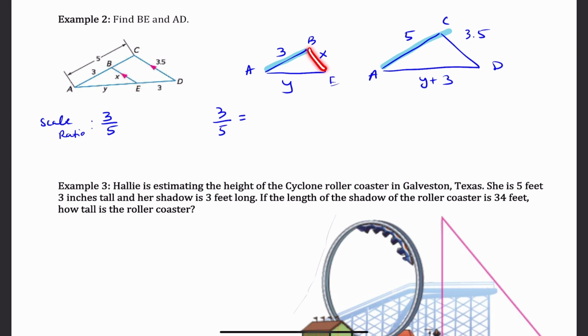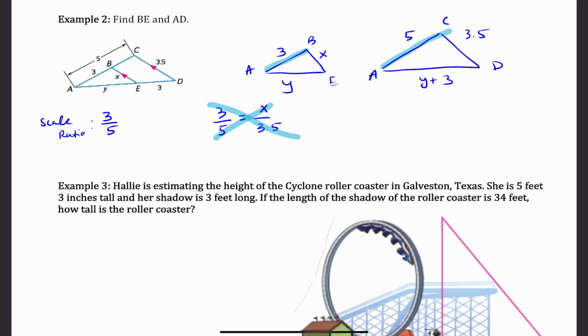So then with that scale ratio, I can go ahead and find BE, which is X. So BE is X. So that means it corresponds with 3.5. So I'm going from the small to the large, just like what I did with the scale ratio. So I need to be very, very consistent because I went from 3 to 5, or small to large. So then I'm going to write X to 3.5.